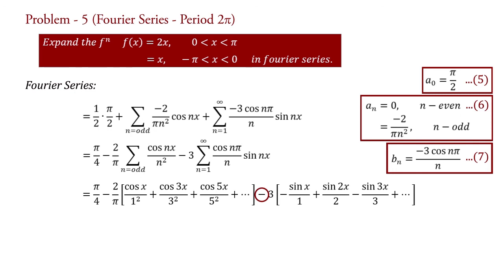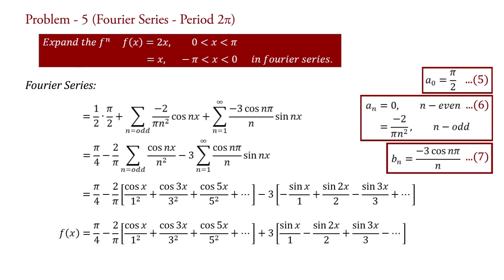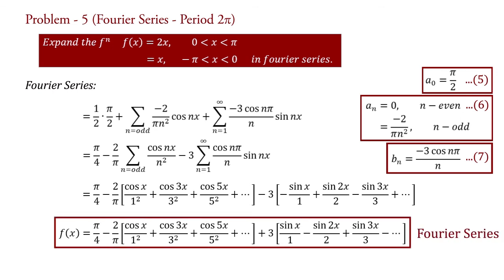Readjusting this negative sign, f of x equal to pi upon 4 minus 2 upon pi into this plus 3 into sin x upon 1 minus sin 2x upon 2 plus sin 3x upon 3 minus so on. This is the required series of the given function.